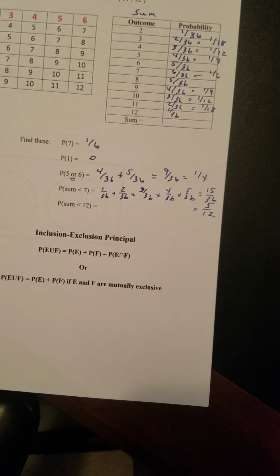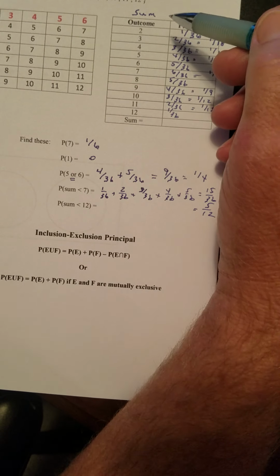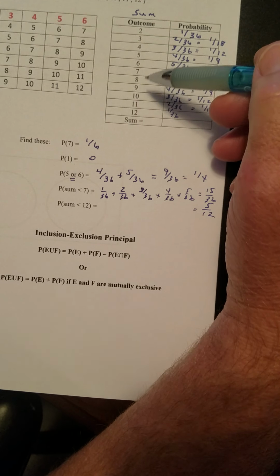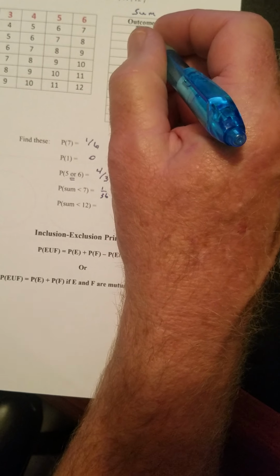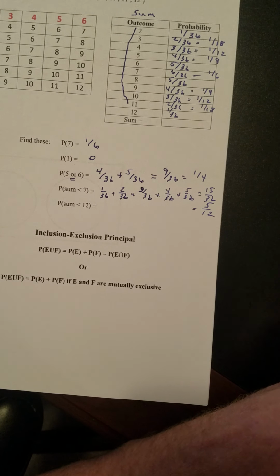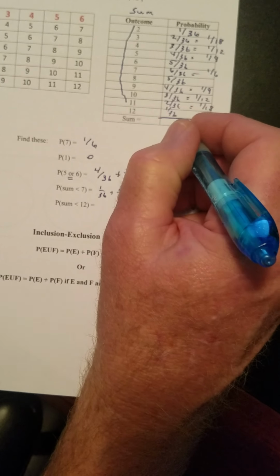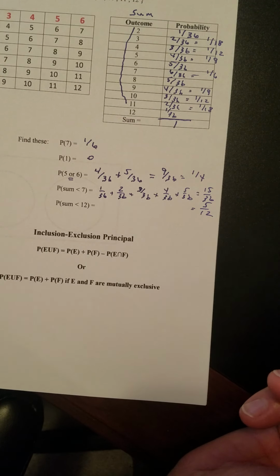Okay, what's the probability of a sum less than 12? I'm going to show you a trick on this one. If it's less than 12, that's basically all of these numbers right here, 2 through 11. So what I would do is add all of those. But if you'll remember, those all add up to 1, right?